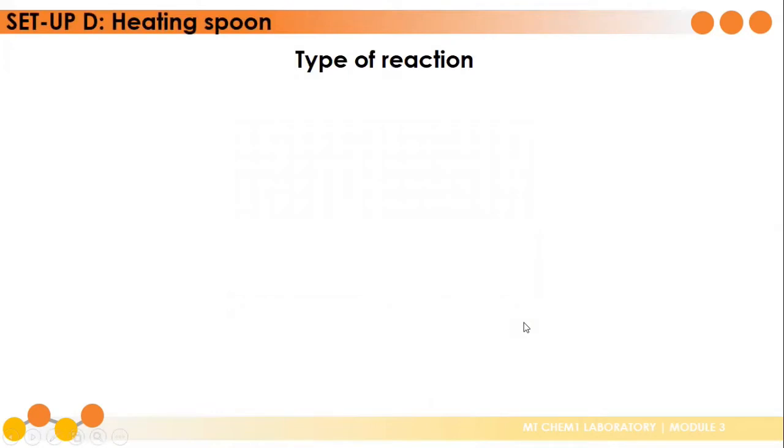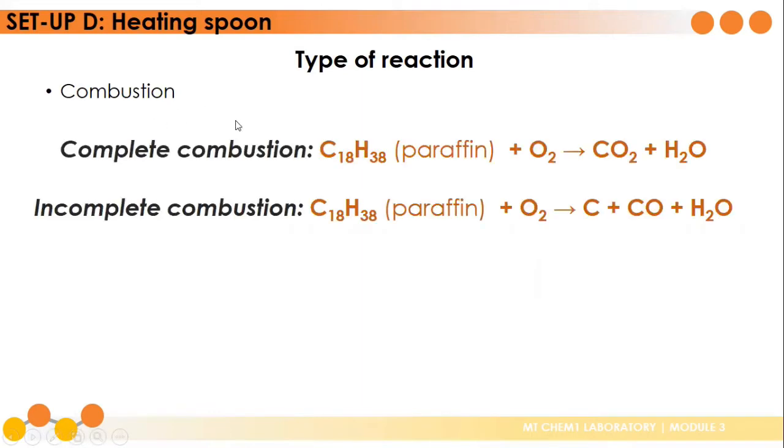So what is the type of reaction that occurred in this one? For setup D, the type of reaction is what we call combustion. For this reaction, we have two types: complete combustion and incomplete combustion. Let's take a look at their chemical equations. For complete combustion, paraffin, or C18H38, combined with oxygen will produce carbon dioxide and water.